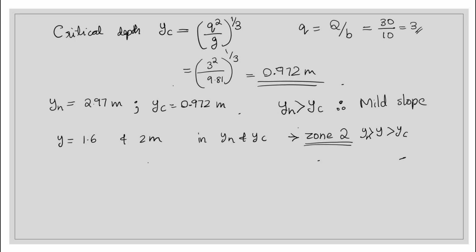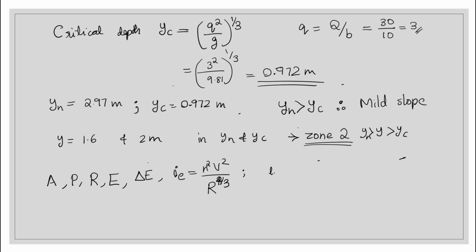Next we have to find the area, perimeter, hydraulic radius, specific energy and the difference in specific energy. Then IE, the slope of the energy line, using Manning's equation: n square v square divided by R raised to 4 by 3.